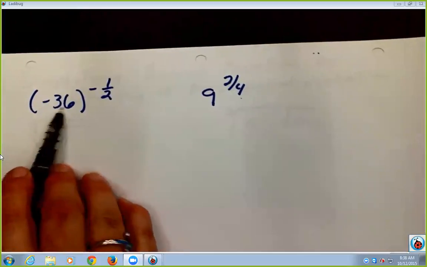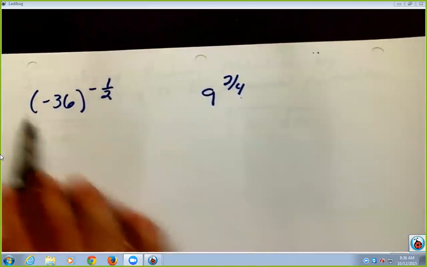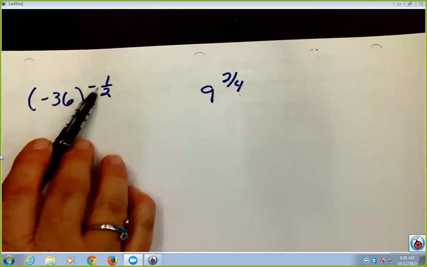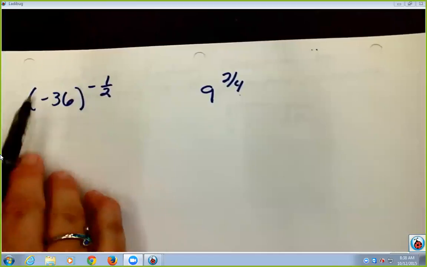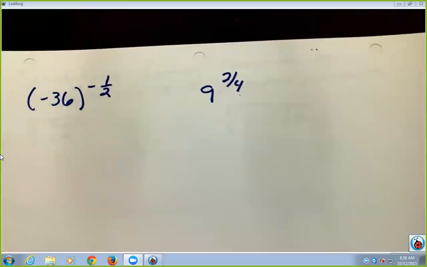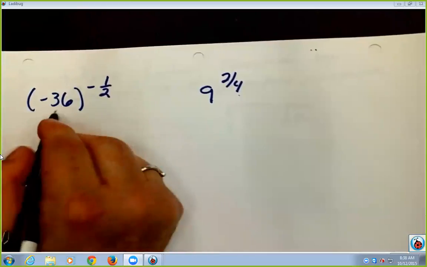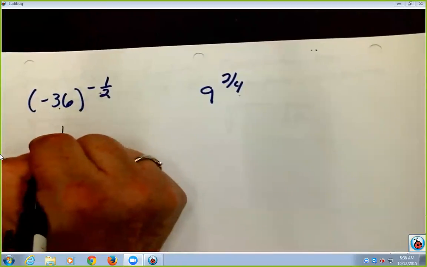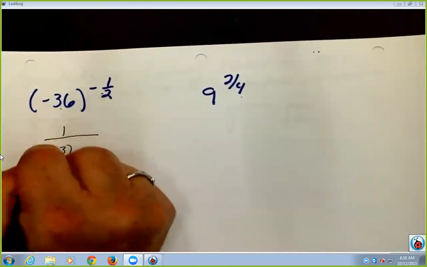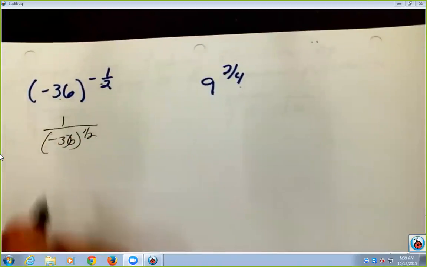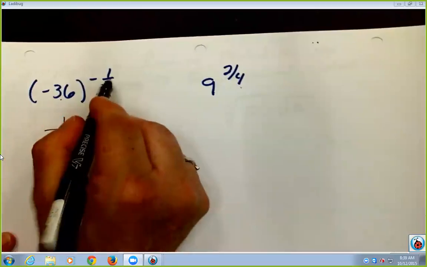what could we say about this piece? This piece is kind of a strange thing here. I've got a negative half, but I have a negative base. So what could we really say about that whole thing? My base is negative. So this tells me I'm going to move it to the denominator, because of the negative exponent.